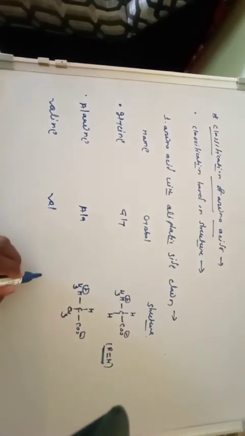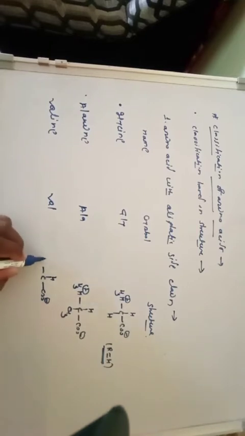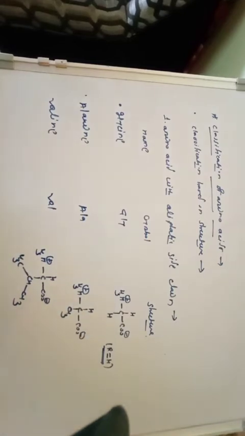The structure is CH CO minus NH3 positive, with CH3 groups. So the R group is an aliphatic side chain. These are glycine, alanine, valine. Remember the structures: in the first the R group is hydrogen, in the second methyl, then in valine an isopropyl group, CH3, CH3.